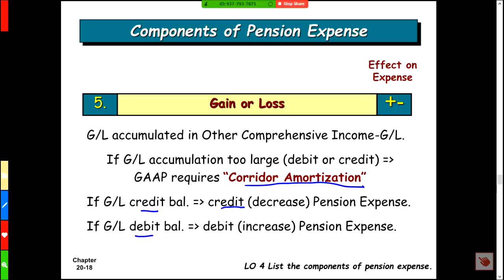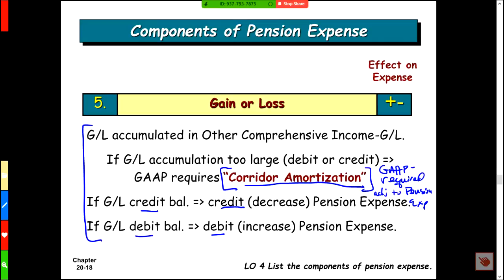If it has a debit balance, we're going to end up debiting, increasing pension expense, and amortizing the gain loss by crediting it. Okay, there's a lot more to the corridor, but this is another GAAP required adjustment to pension expense. So we're just teeing it up.